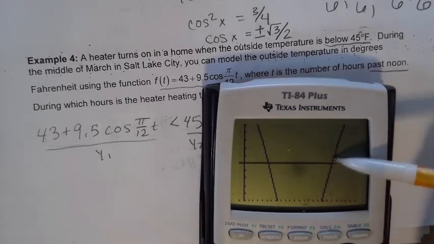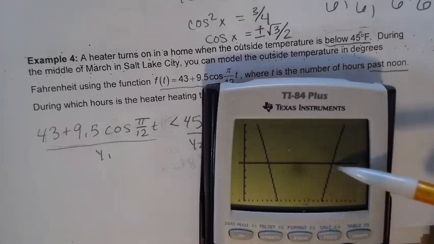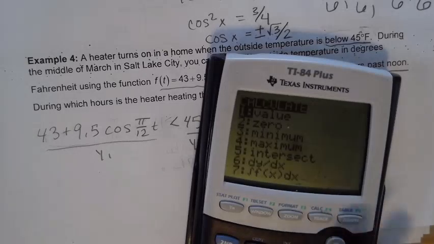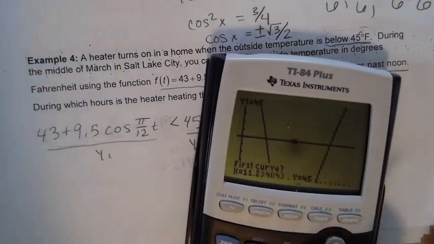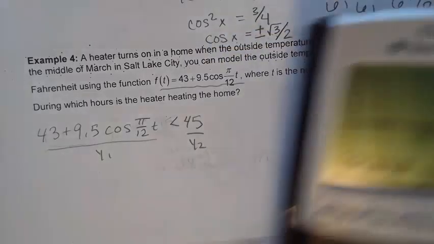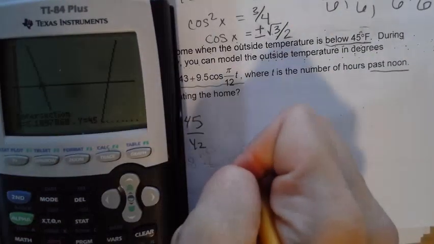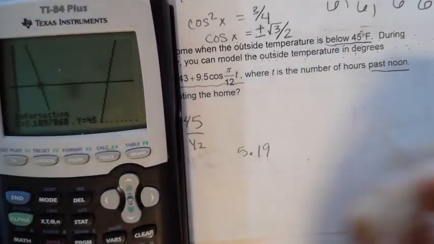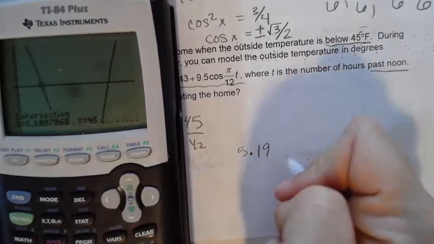Does anyone remember how to find the intersection of your points? Remember, it's second trace, go down to your intersection, and then you want that flashing dot on the intersection. So it starts 5.19 hours after noon.